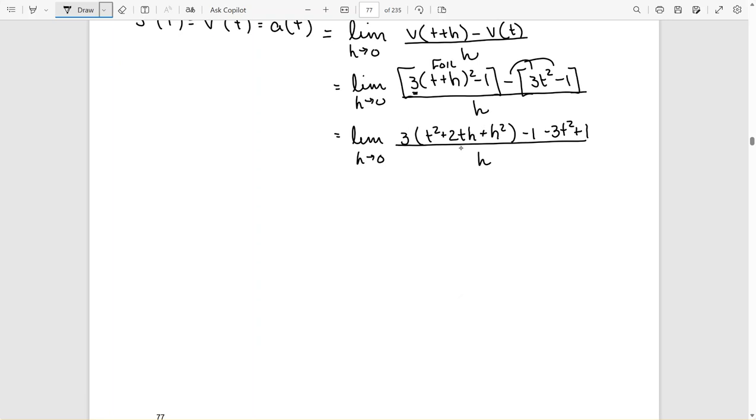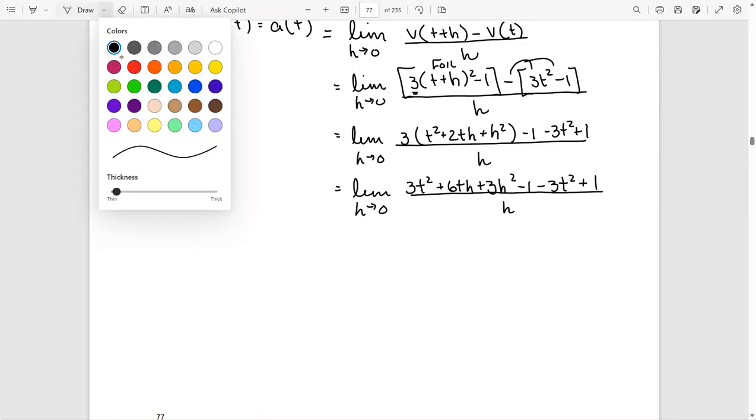Then we're going to distribute the 3. So there's a lot of algebra going on here. Remember, everything in that second parenthesis should ultimately cancel out, and we should end up with terms that just have h's in them.